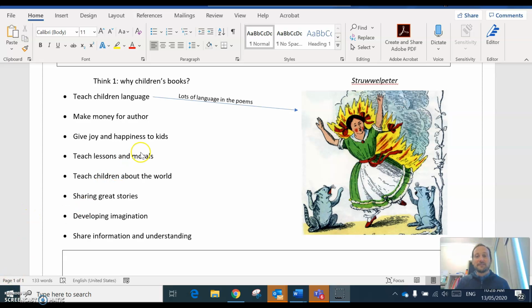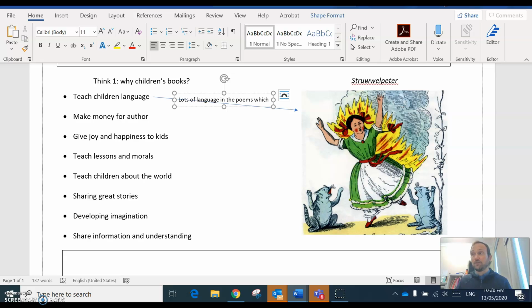Okay, extend: how it extends what we were thinking. It could be something here that we were thinking, and it may just extend what we were thinking. So even here, if you wanted to have an extend, you could say lots of language in the poems, which was quite gruesome.